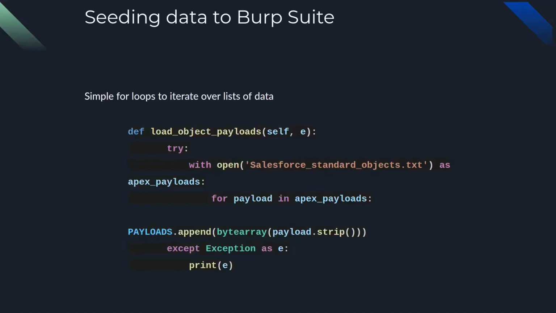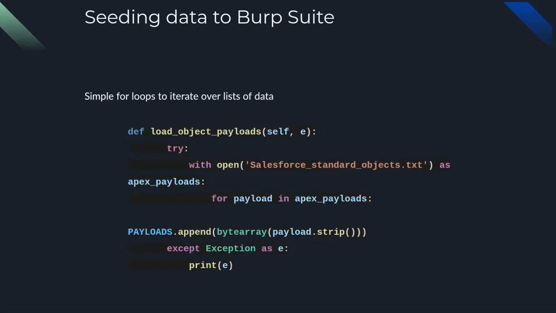As you can see with this for loop, after the text file is opened, it goes through every line because every line is a payload. Every line is a standard object that is being added to the payload so that we don't have to manually go through every standard object case and insert it into Intruder.